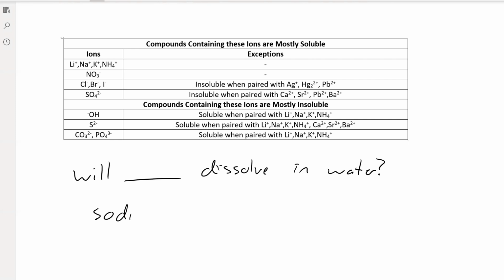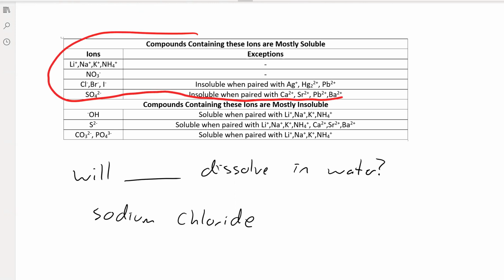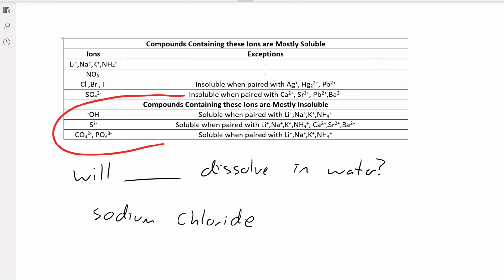So let's take a look at some examples. Let's take a look at sodium chloride. Note that there's two different headers in this table. These compounds up here are mostly soluble, so these will dissolve, and then their exceptions are right there. And then the second part of the table is these compounds are mostly insoluble, so these won't dissolve with the exceptions right there. So first off, we need to go from the name to the chemical formula.